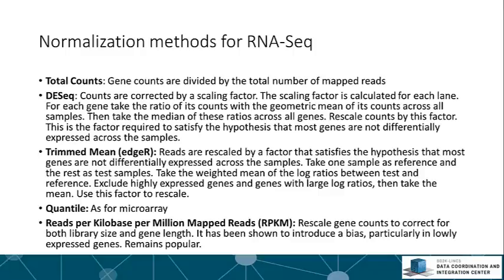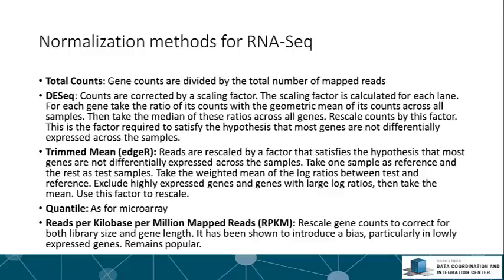First, in order to calculate this scaling factor, we take, for each gene, the ratio of its count to the geometric mean across all the samples. Then, for each gene, you have one of these ratios. You then take the median of all those ratios across all the genes, and this gives you your scaling factor, and you rescale the gene counts by that factor.